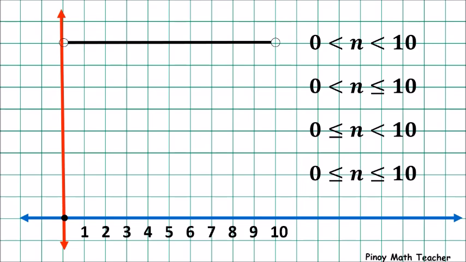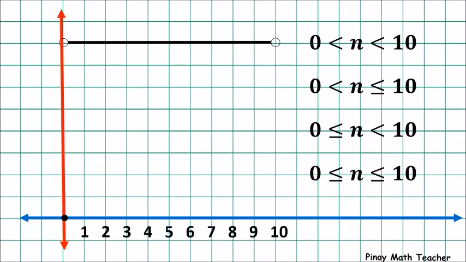So, yan ay dahil ang possible values lang ng N na pwede ay yung mas mataas sa 0 at mas mababa sa 10. Pero, hindi equal sa 0 at 10. So, yan ay pwedeng 0.1, 0.2. Sa kabila naman, pwedeng 9.9, 9.8. Pero hindi pwedeng equal sa 0 at 10.